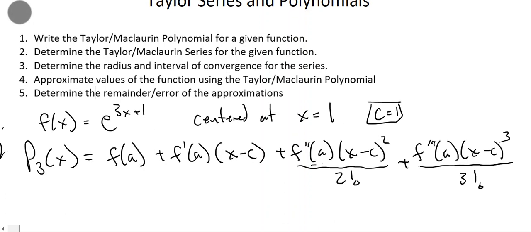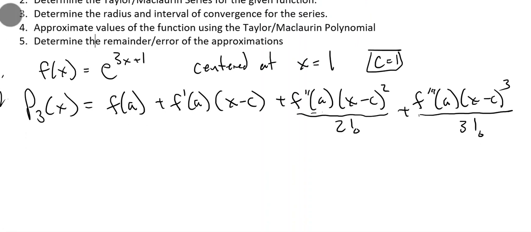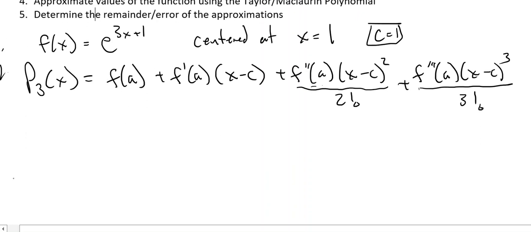So to do this, we need to start by finding the various derivatives. So let's just start with f of a. f of x is equal to e to the 3x plus 1. So let's evaluate that at 1. So evaluating that at 1, we have e to the 3 times 1 is 3 plus 1 is 4.